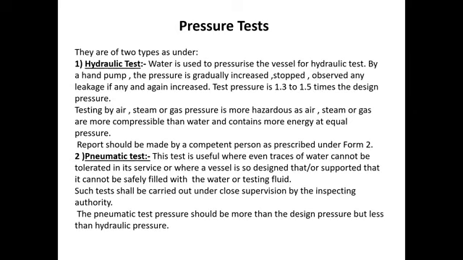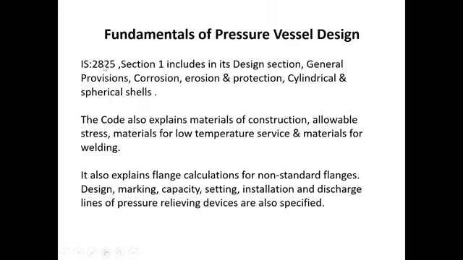Then what are the fundamentals of pressure vessel design? We already discussed in the previous lecture that IS 2825 is the main standard for pressure vessel design. Section 1 includes in its design section general provisions, corrosion, erosion and protections, and cylindrical and spherical shells.